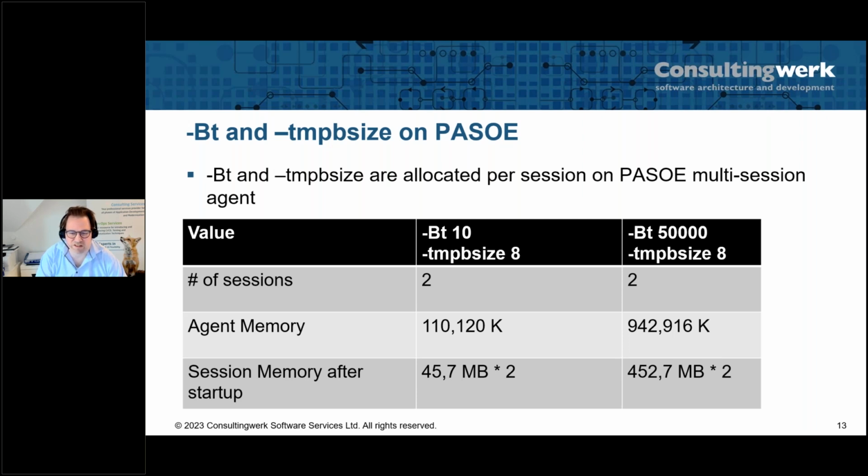So when you set minus BT to 10 with an 8K block size, then every agent session requires 45 megabytes of memory for the temp tables, times 2 sessions. And if you go up to 50,000, then you have the value of 452 megabytes per session. And that can accumulate to a quite significant amount of memory.